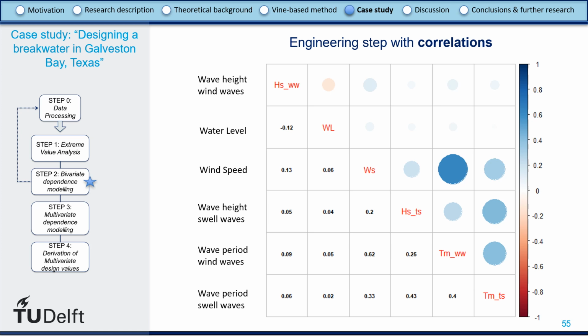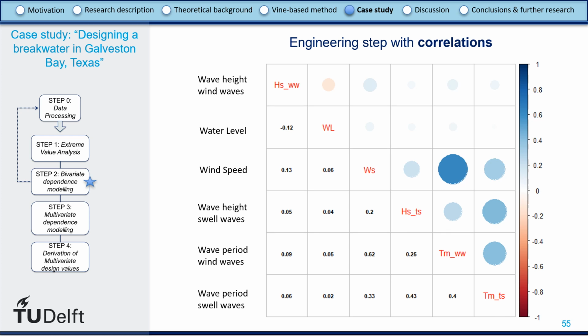In step 2, we study the bivariate dependence between all pairs of variables in our analysis. This is the engineering step that I presented in the Vine-based methodology. We first study this dependence with correlations.